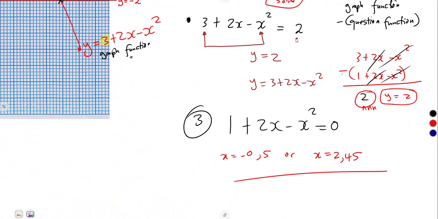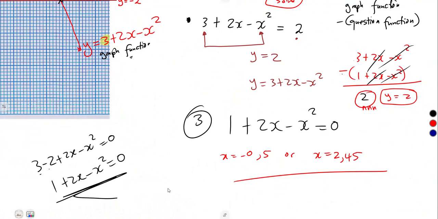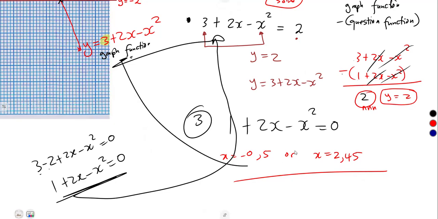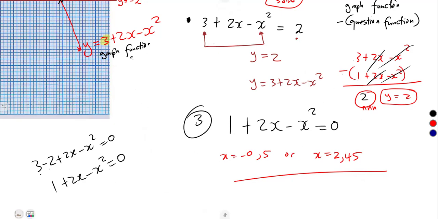What happened? They simply took this 2 to the other side. So it was 3 minus 2 plus 2x minus x squared is equal to 0. So 3 minus 2 is 1, plus 2x minus x squared. You see they adjusted that. So if you can also readjust it back to the original graph that you have and see the difference, that's actually another way you can work with.